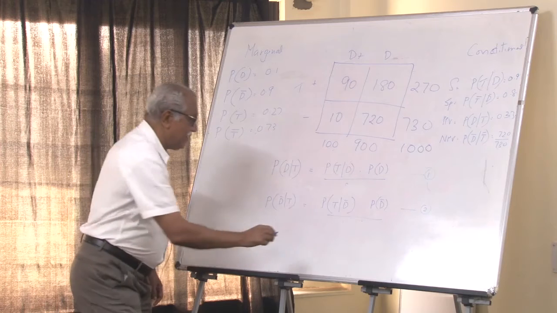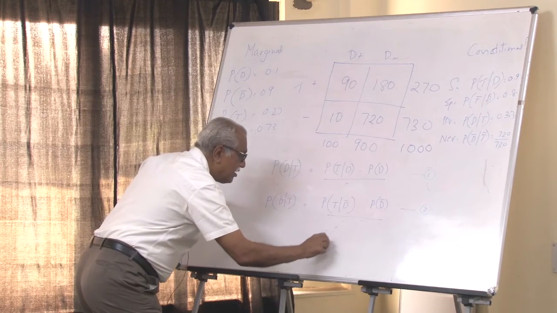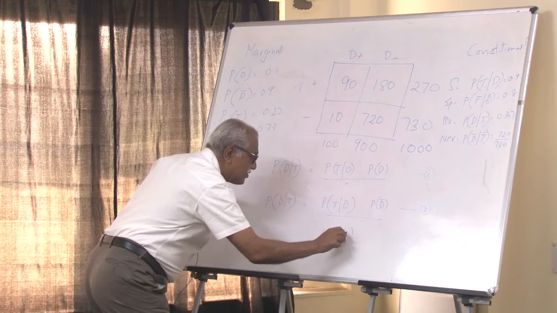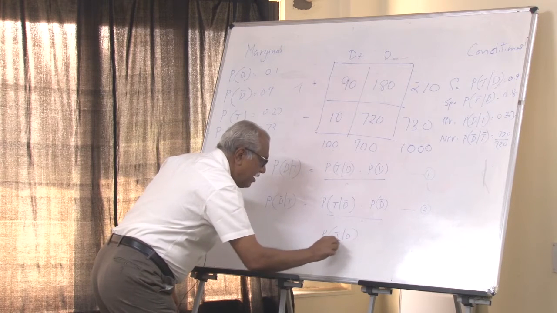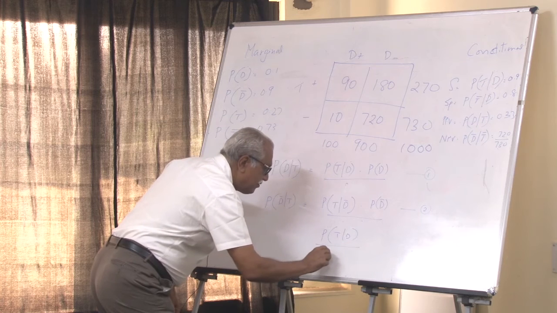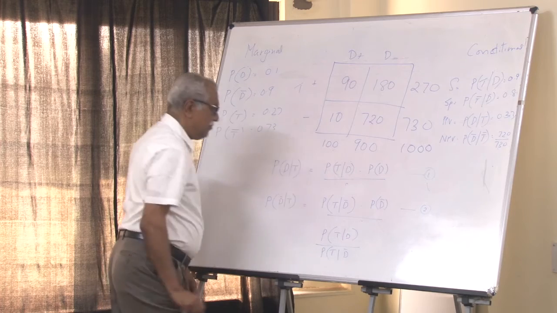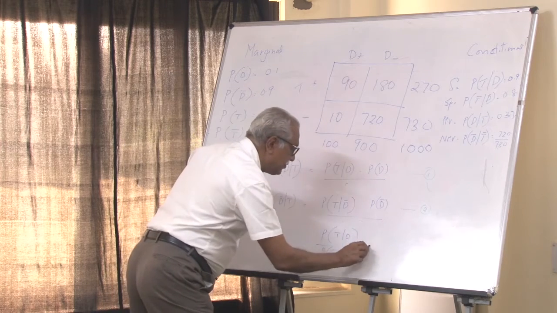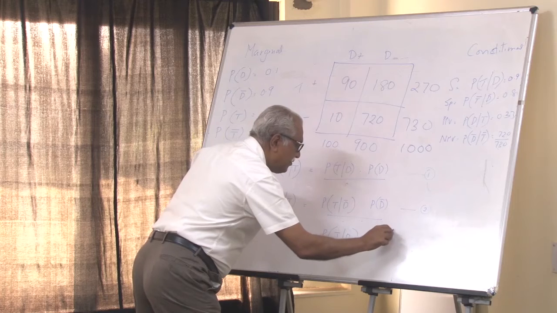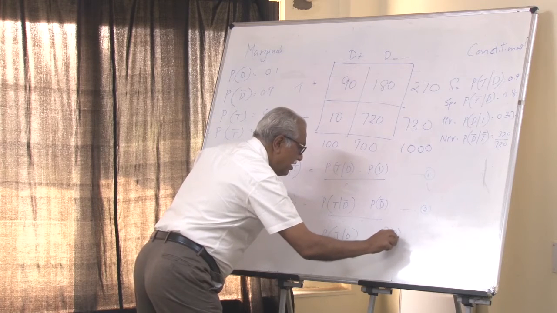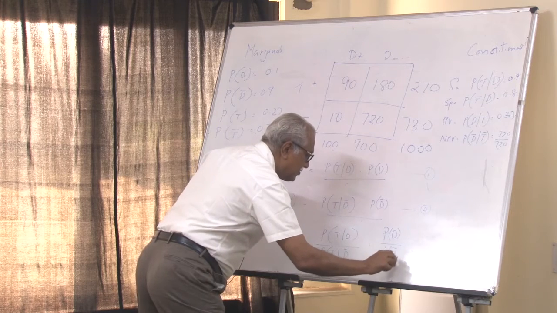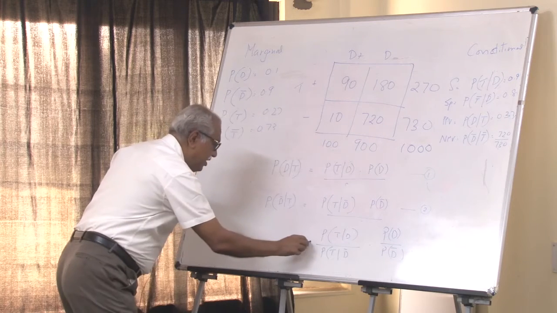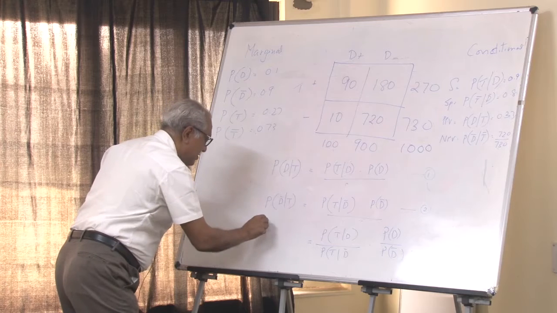Right? So probability of test given disease divided by probability of test given no disease times probability of disease divided by probability of no disease is equal to this.